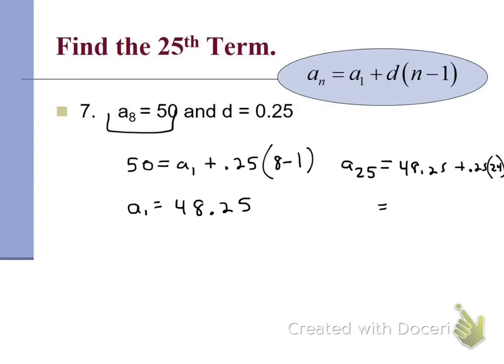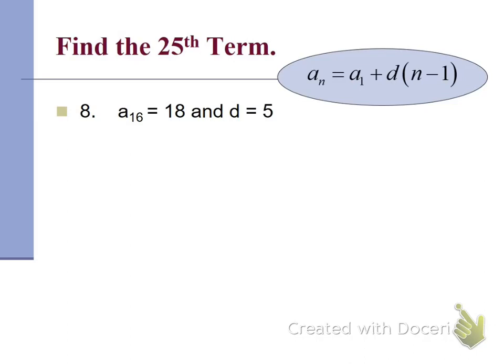I don't think that's going to be right. If my first term's 48.25, I should be bigger than 48. Oh, sorry, I accidentally subtracted. So, 54.25. Does that sound right? 54.25? Thank you. So that's what the 25th term in this sequence gives me. Okay?